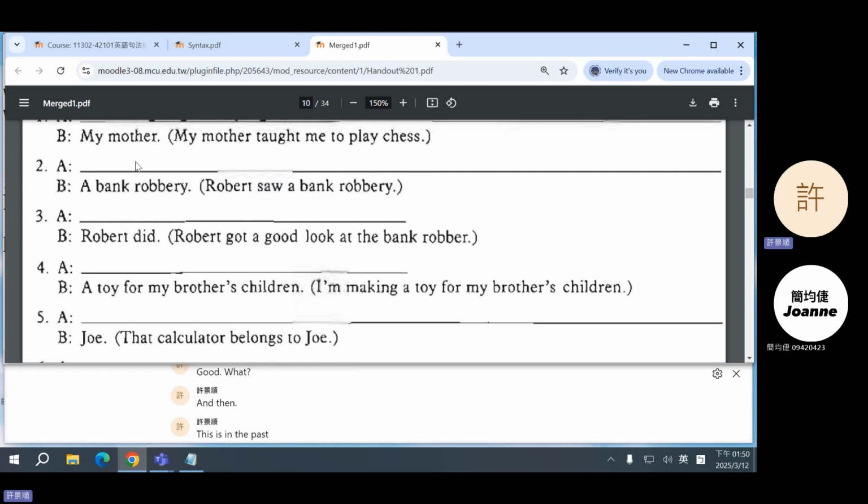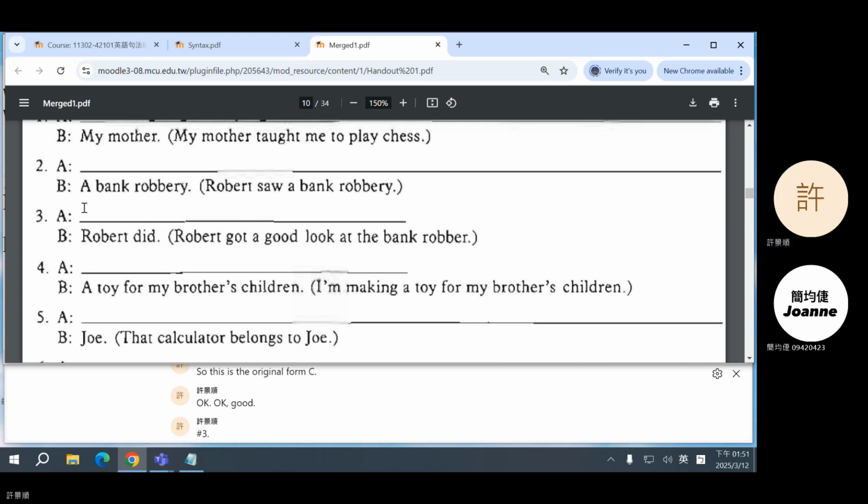So the next word should be did, do, or will. Did. Good. And then the rest of the sentence. Robert, see. This is no longer past. The past is did. Right? So this is the original form see. Okay? Okay, good.